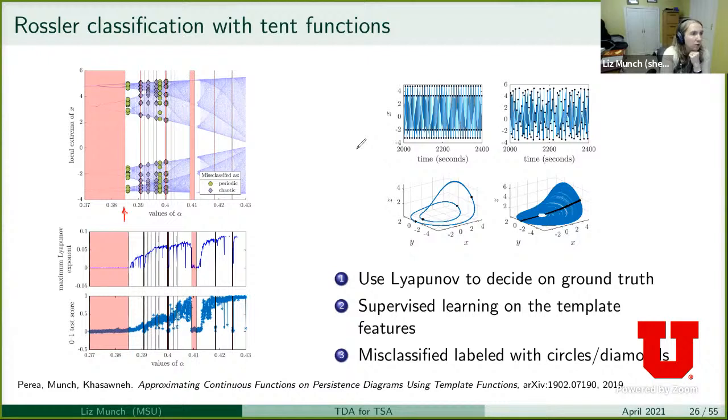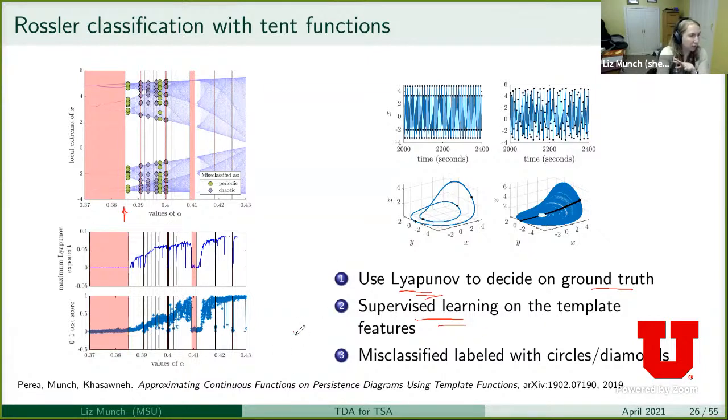We used what's called the Lyapunov exponent to decide on the ground truths. This is a standard tool from time series analysis, but it has its own error issues, and also computation time. So we used that as our ground truth, and we built a supervised learning model where we took our persistence diagrams and turned them into some sort of vector representation.